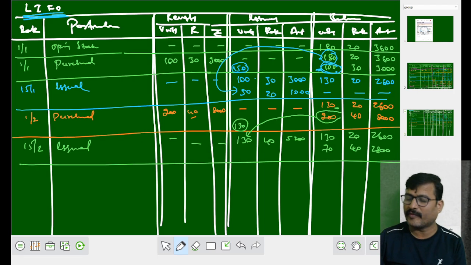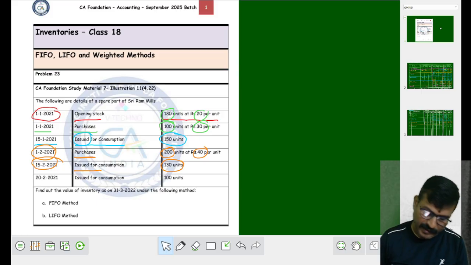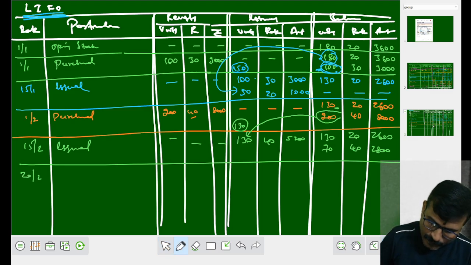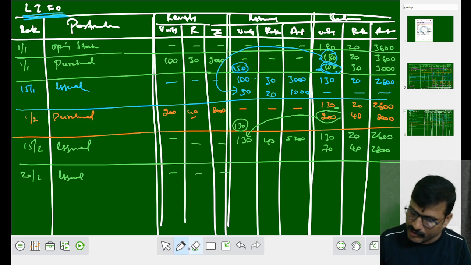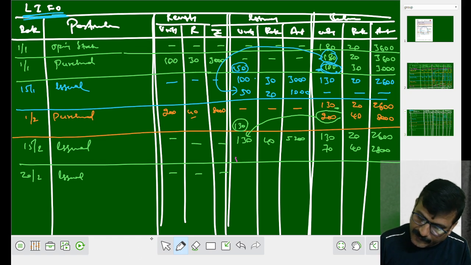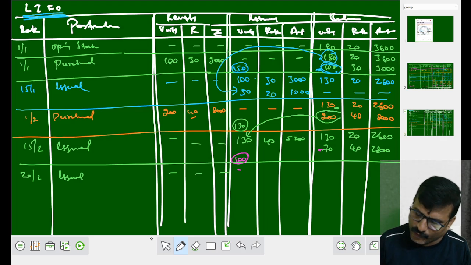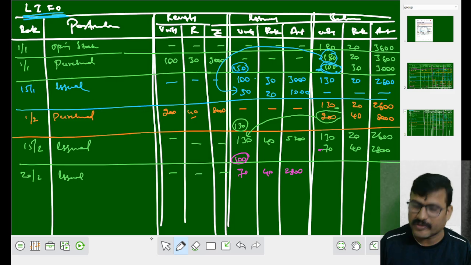This completes 15th February. See what next. Again on 20th February, you issued 100 units. When? 20th February issue. How many units did you issue? 100 units. You have to write 100 here. From where do you give? LIFO. LIFO means out of 70 you give the full 70 at 40, 2800.